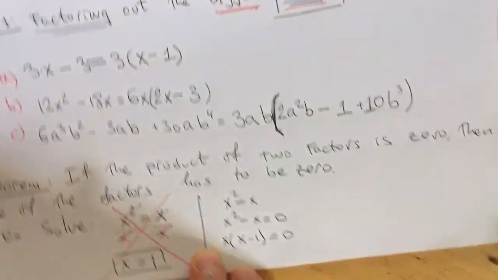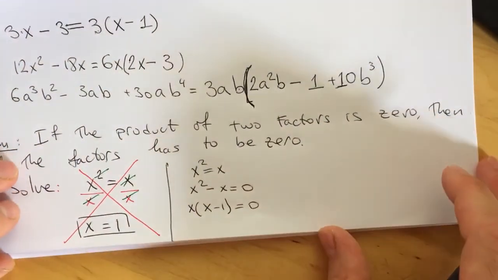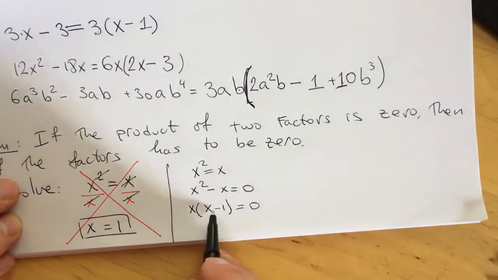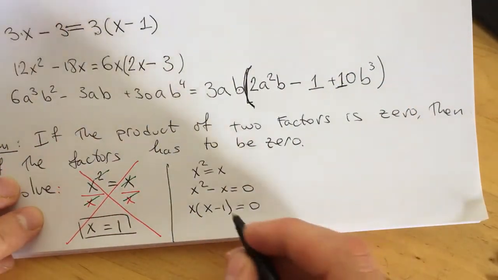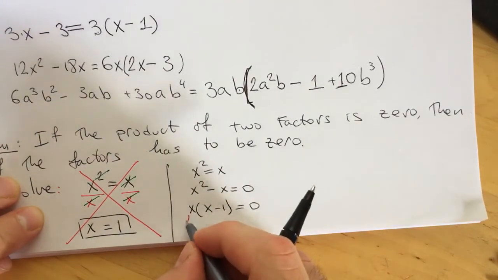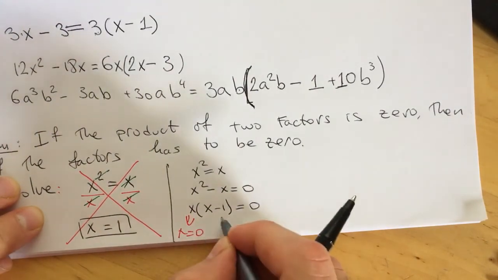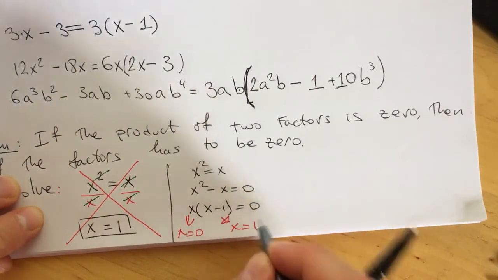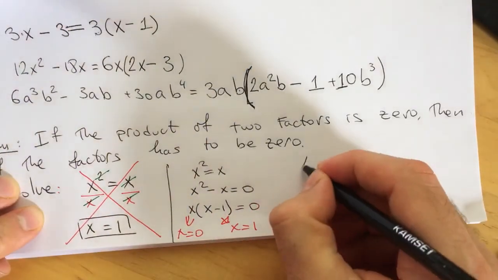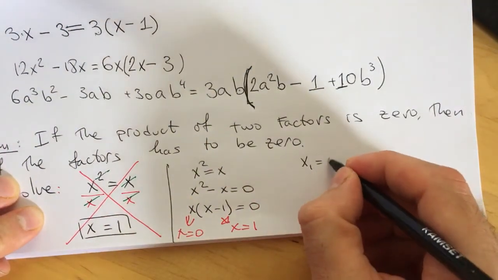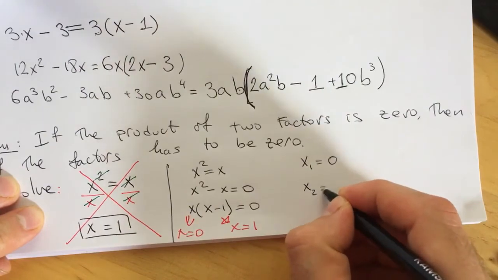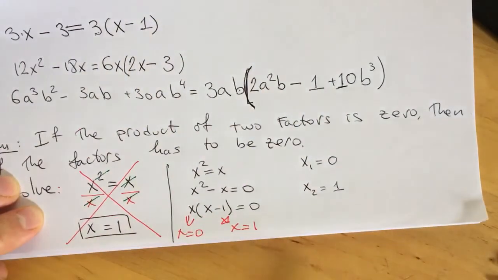Okay, so now let us check whether or for what values these two factors can be 0. So either x is 0, right? Or x is equal to 1. And those are the two solutions of this quadratic equation. X1 is equal to 0 and x2 is equal to 1.